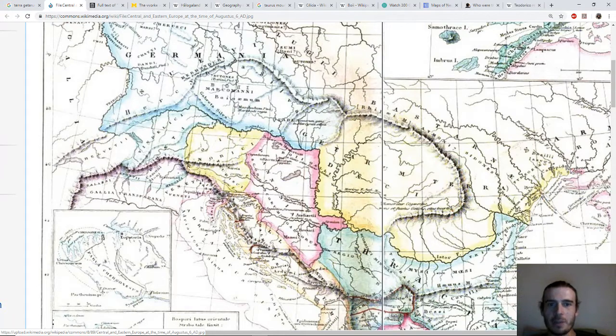Pretty much everyone north of this river was Getian. A lot of the Thracians were Getian as well. In the beginning, everybody was Pelasgian.